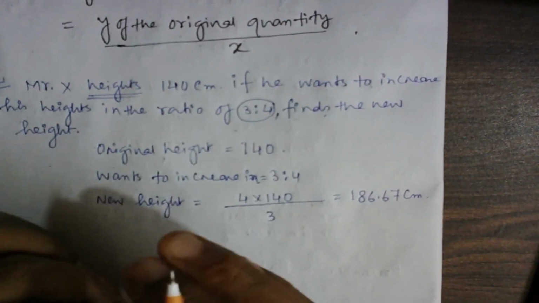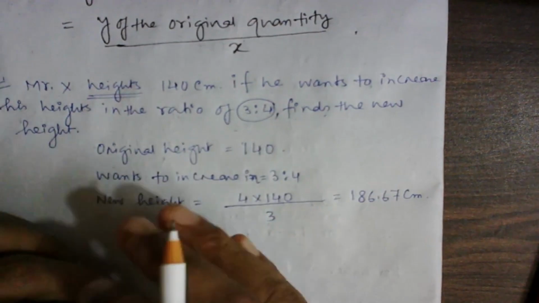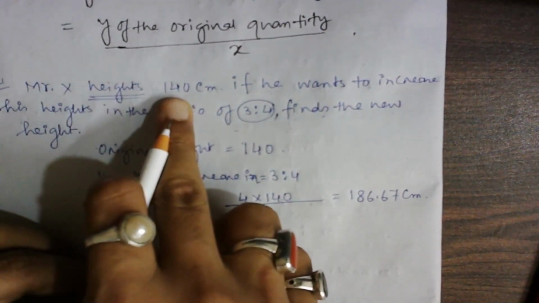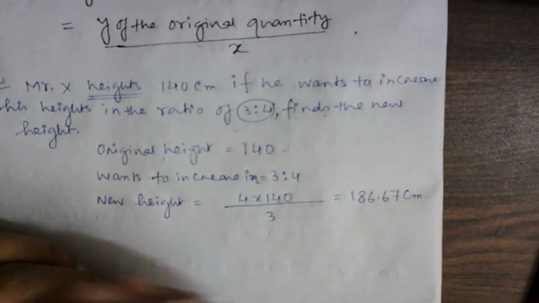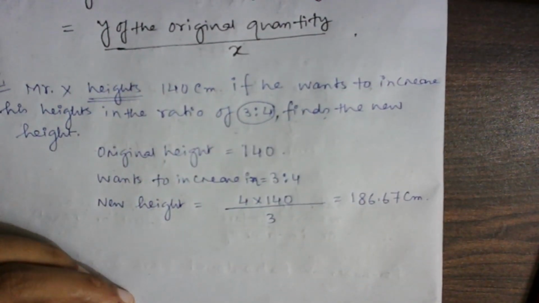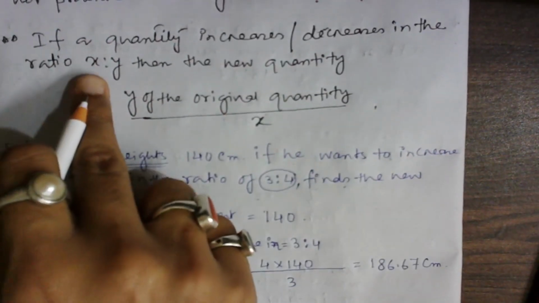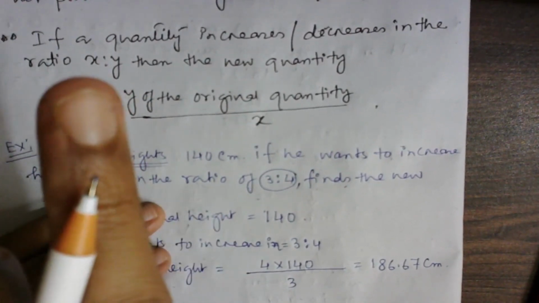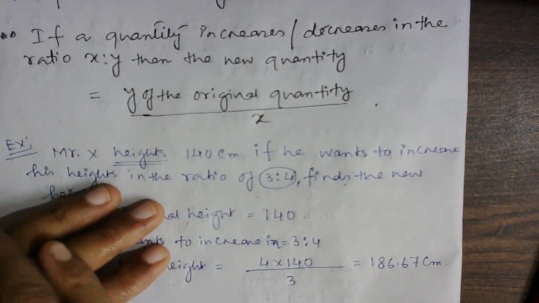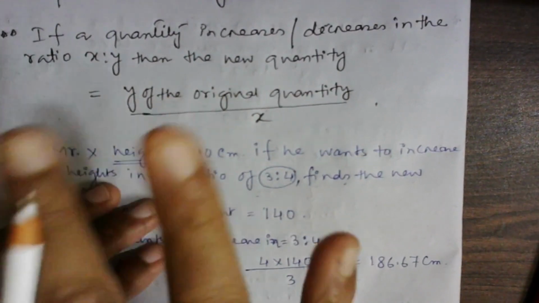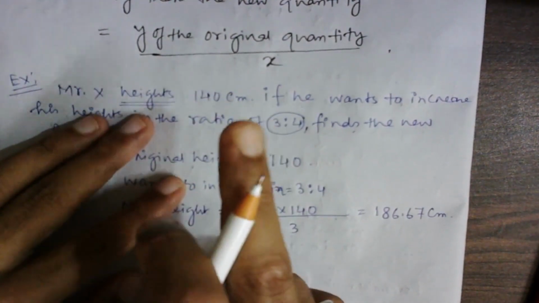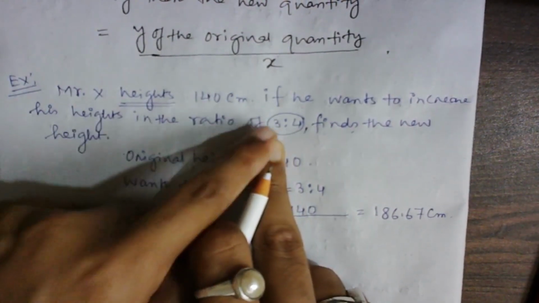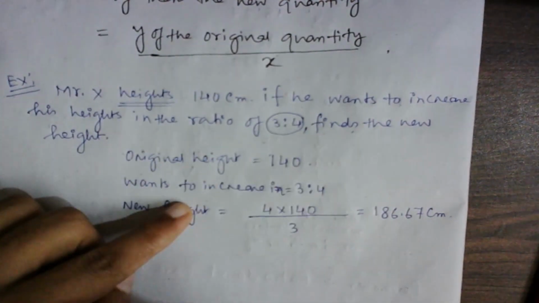So if he wanted to increase his height from 140 centimeter with respect to the ratio 3:4, how can we increase this? Let's see how this ratio has been derived. X is nothing but the original height. In the given case, 140 centimeter is equal to the 3 in the ratio, and 4 is what we need to calculate.